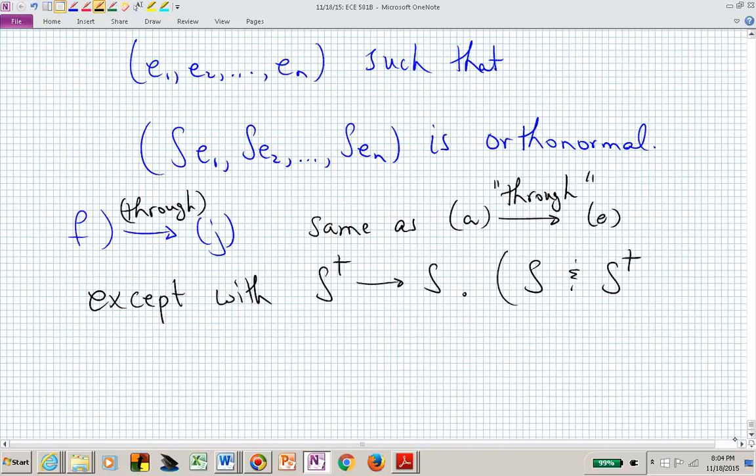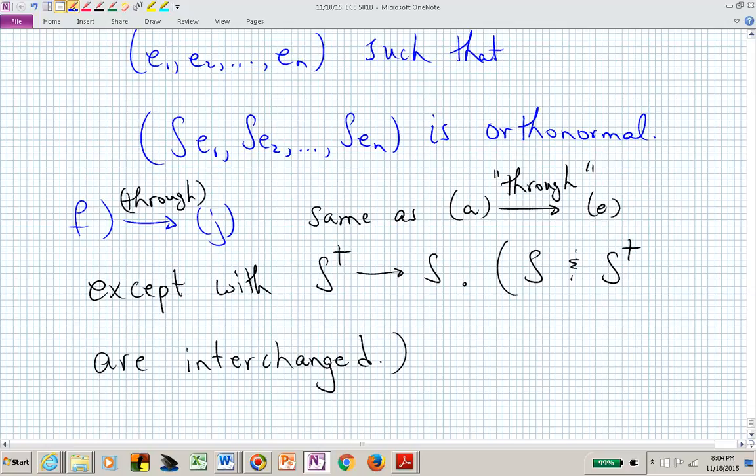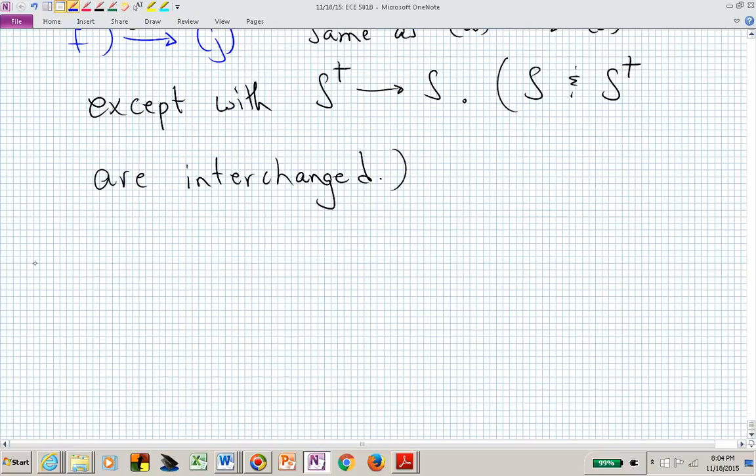So that this isometry S that we started with and its adjoint are effectively interchanged to produce statements F through J that are equivalent. I'm going to just say see Axler for the proof.